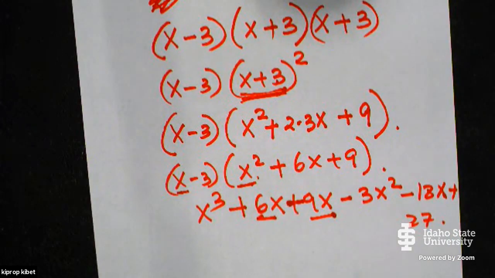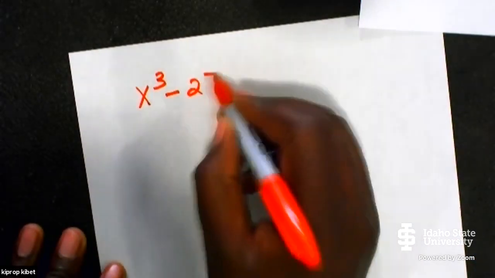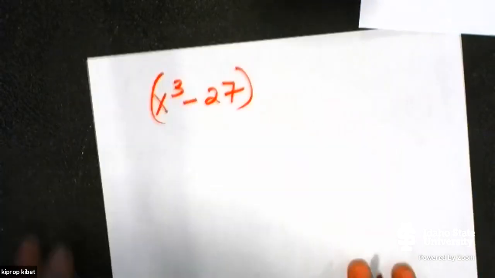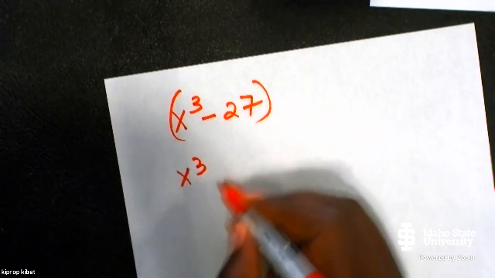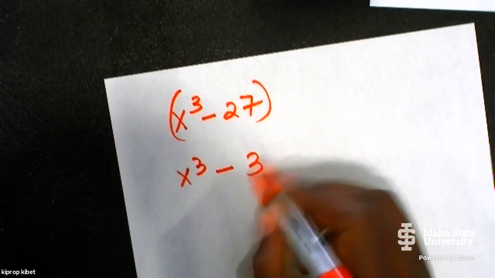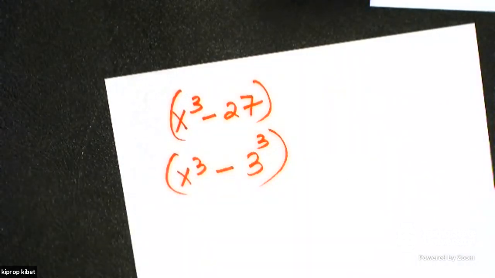Okay, let's do it again. So it is x cubed minus 27, which is the same as x cubed minus 3 cubed.